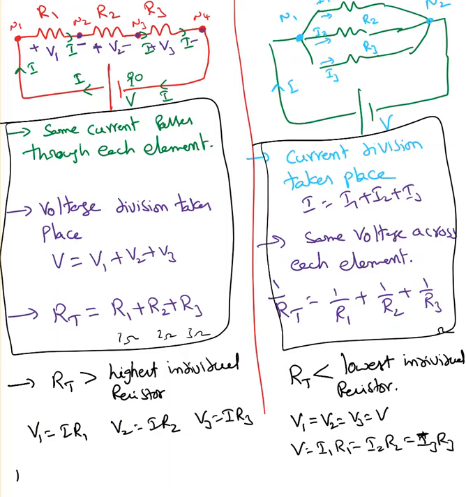Now power consumed: P1 equals I square times R1, P2 equals I square times R2, P3 equals I square times R3.